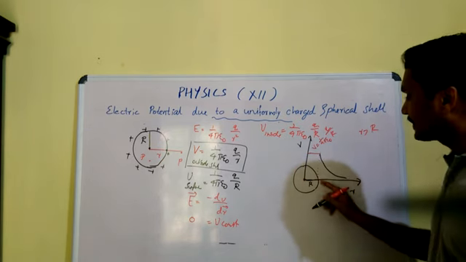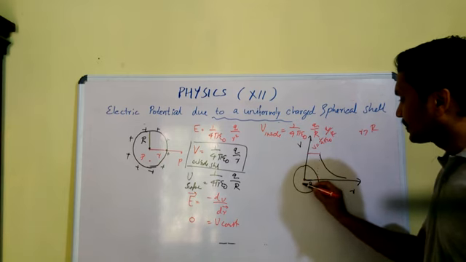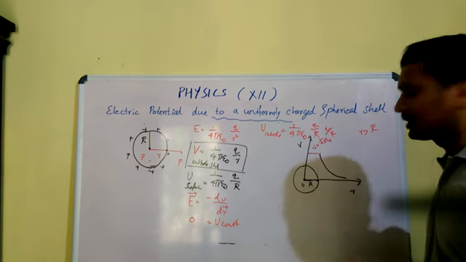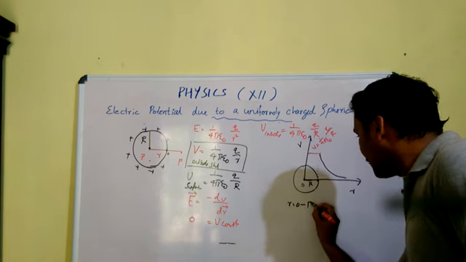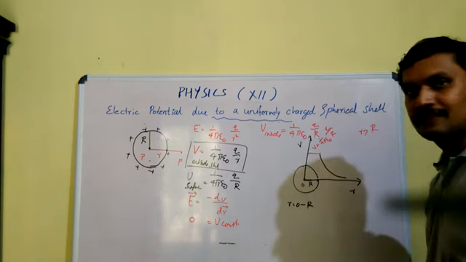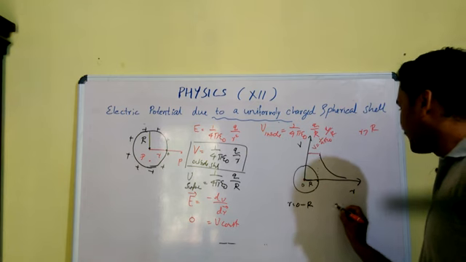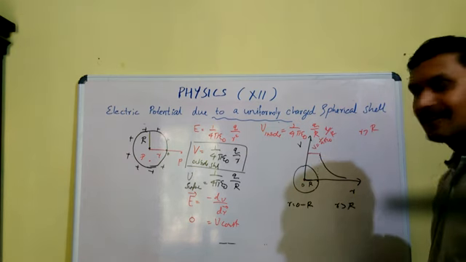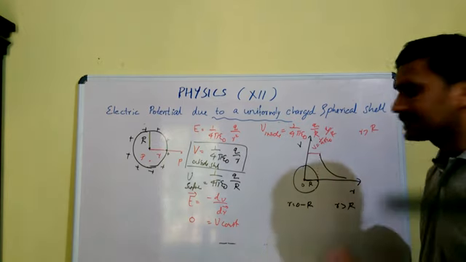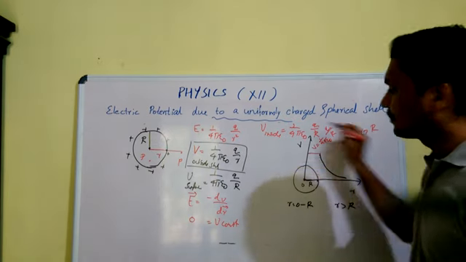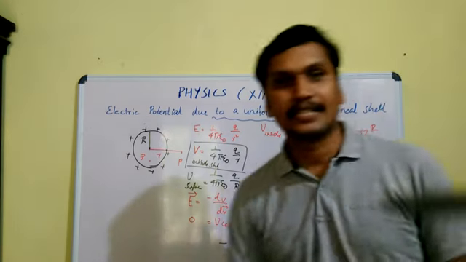From 0 to capital R, potential is constant. When r is greater than capital R, potential decreases with the increase of distance. This is the variation of electric potential due to a charged spherical shell.